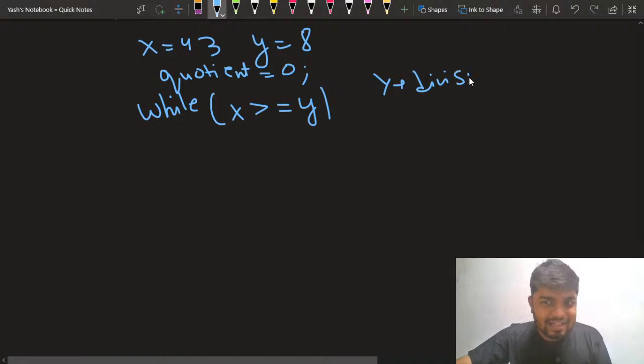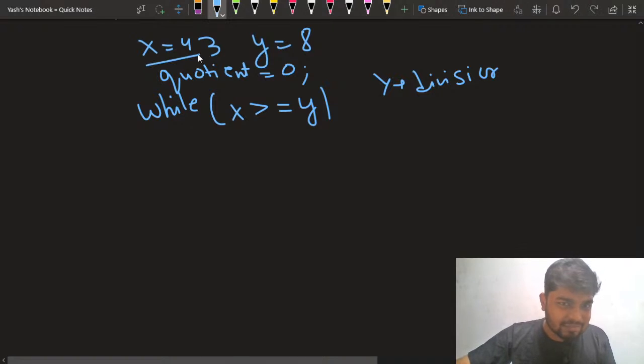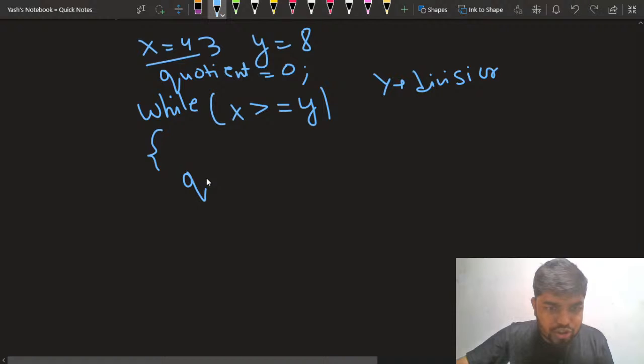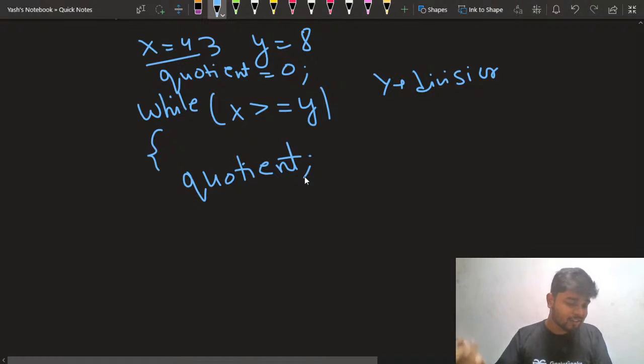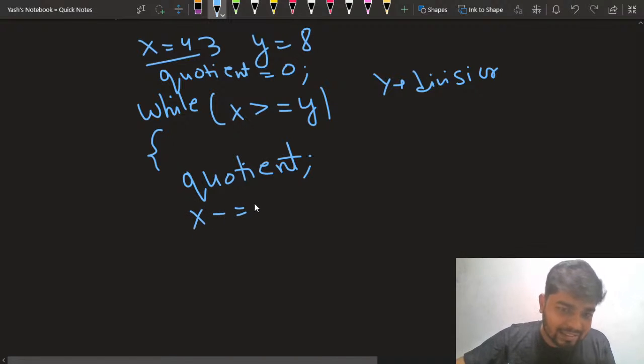Up till the time x, that is 43, is greater or equal to y, I'll do quotient plus plus, because that is the number of times I am dividing it. After that, I'll do x minus equal to y. This is what Naman and Shruti were trying to say. This is what you can do, and in the end you can do what?